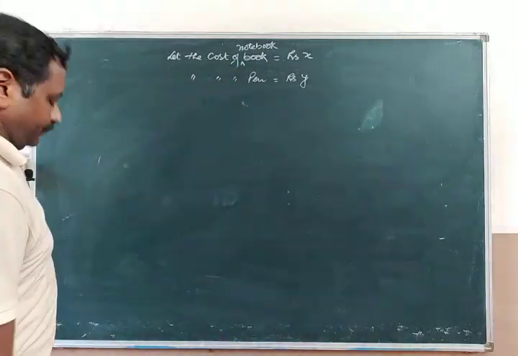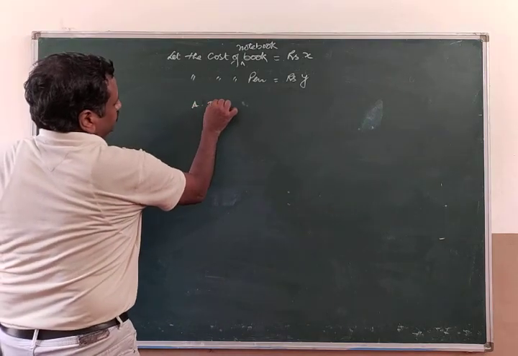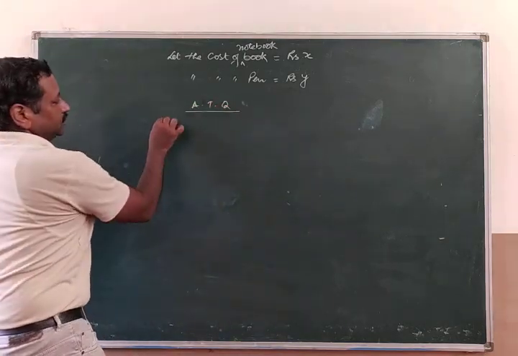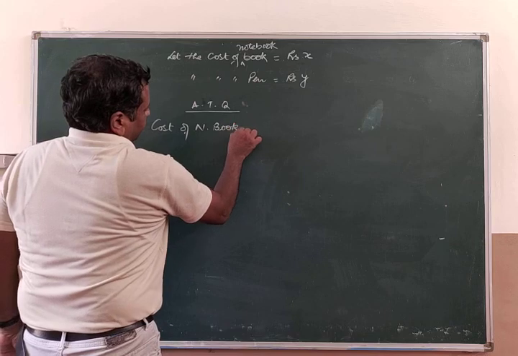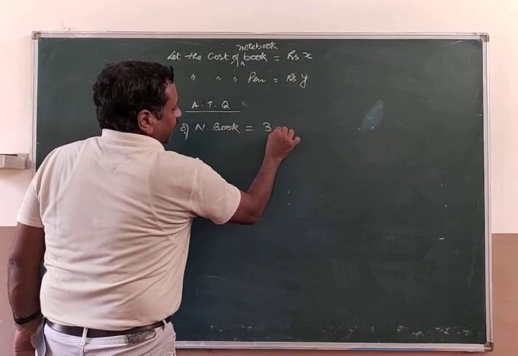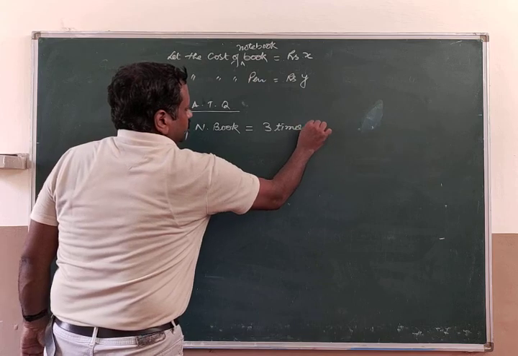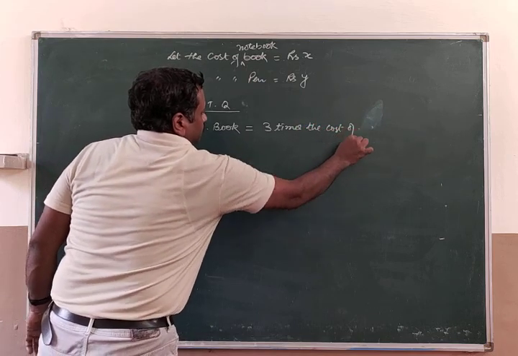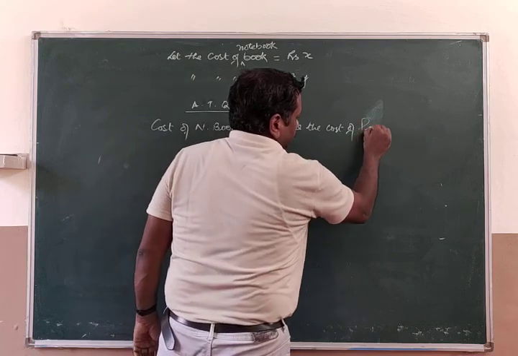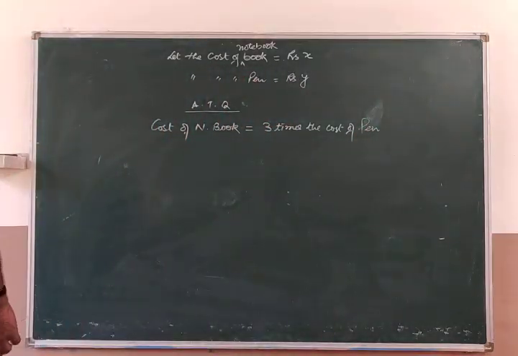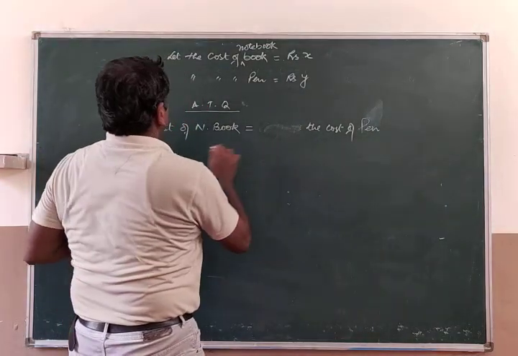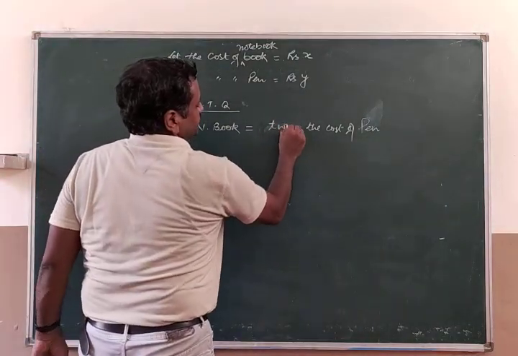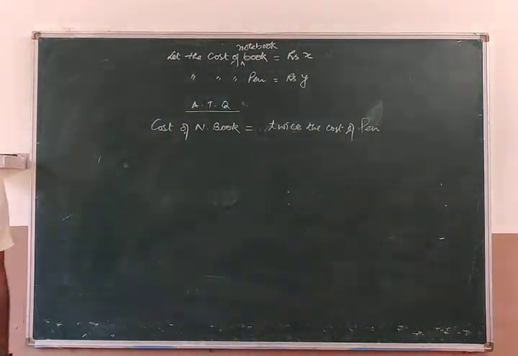But because it is written in the book, I am forced to take notebook as x and pen as y. So according to the question, it is written that the cost of notebook is twice the cost of pen.